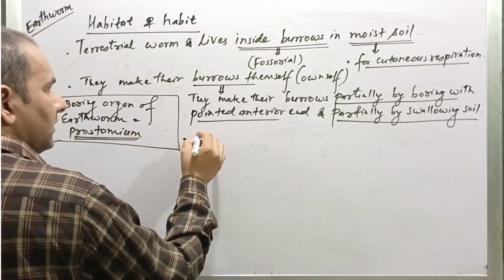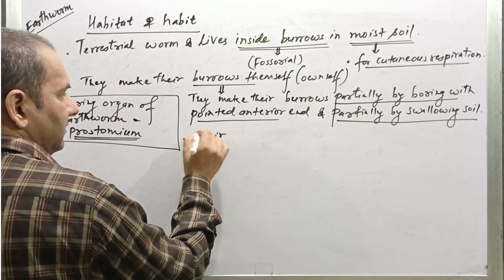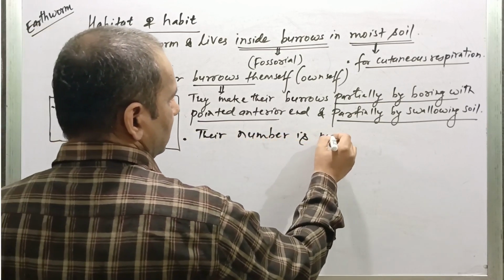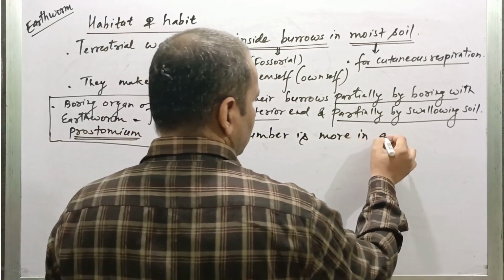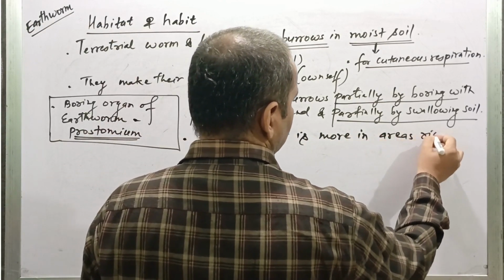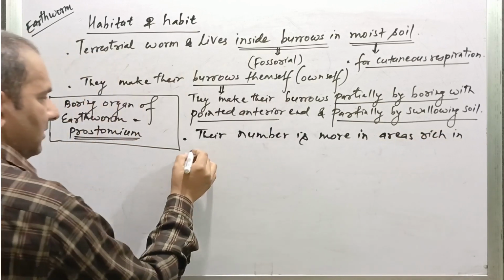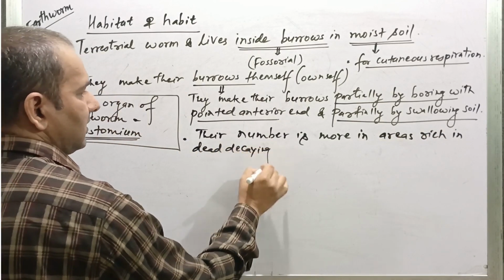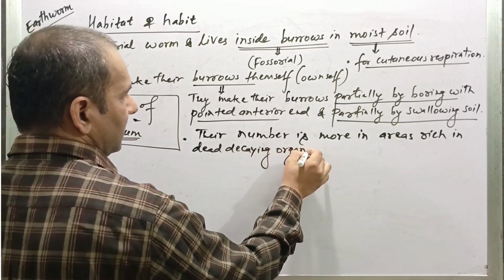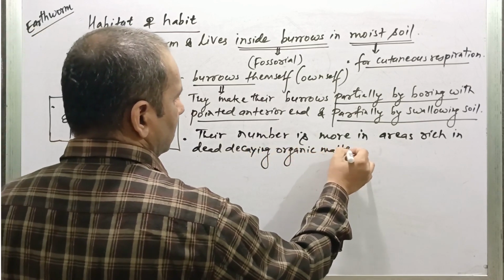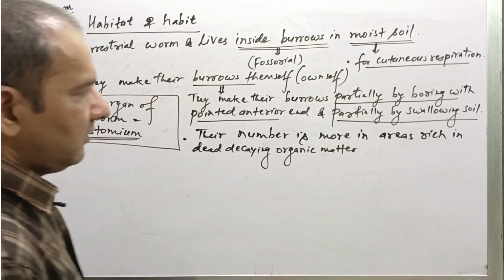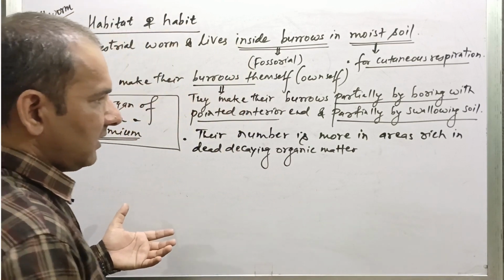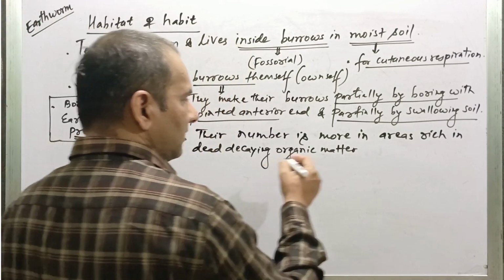Now, their number is more in areas rich in dead decaying organic matter. More earthworms are found in those soil areas which are rich in dead decaying organic matter.